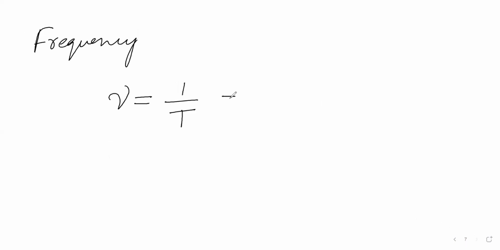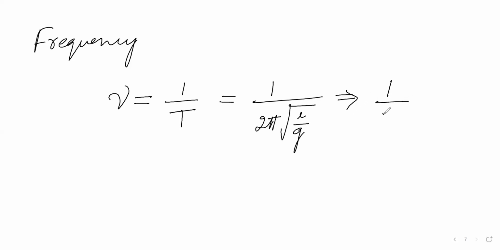Now I'll write the same here: 1 divided by 2 pi into square root of L by g, which is again taken as a reciprocal. That is 1 divided by 2 pi into square root of g by L. So this is the expression for frequency.